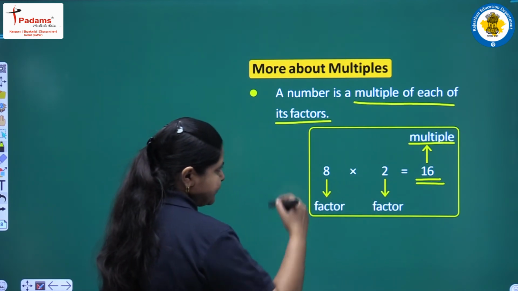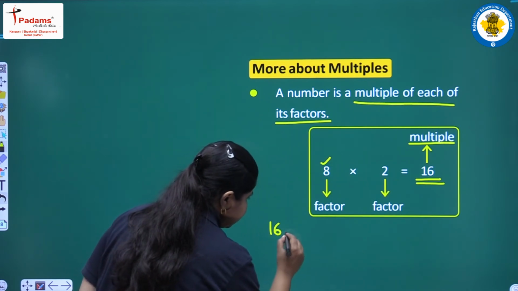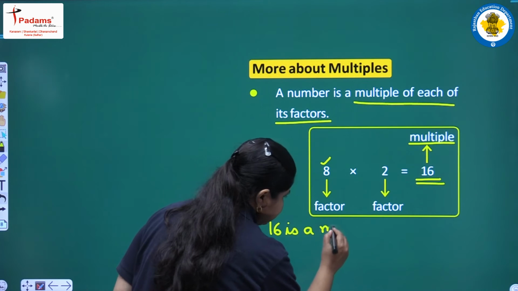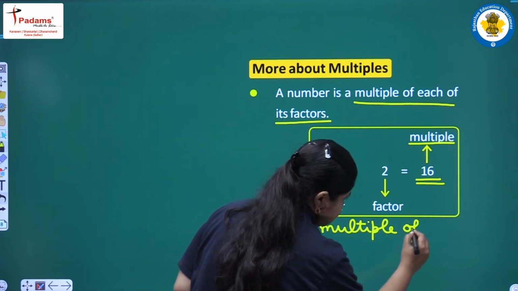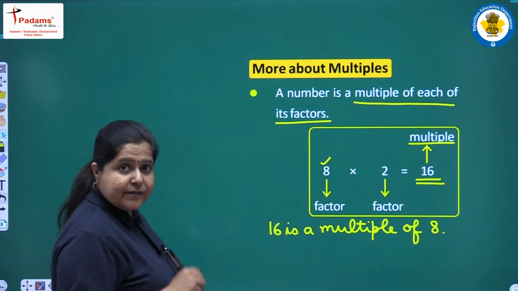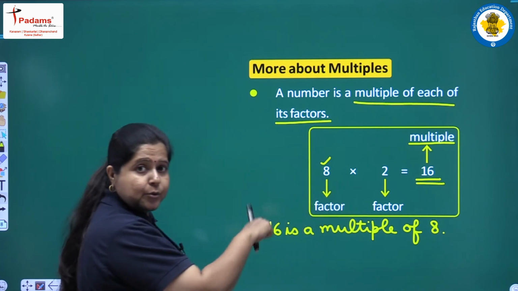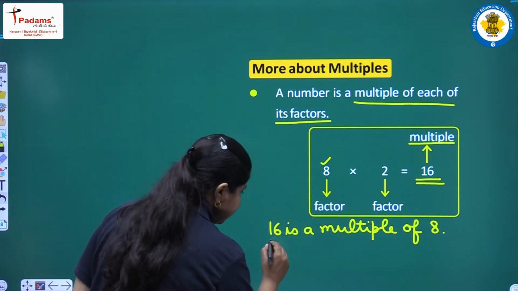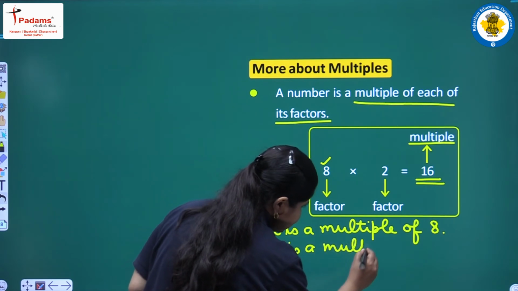So we can say 16 is a multiple of 8, and since we get this 16 by multiplying 2 also to any other number, we can say that 16 is a multiple of 2 also.